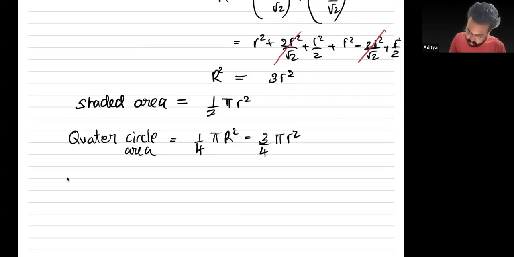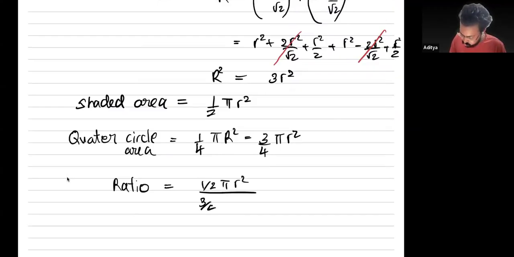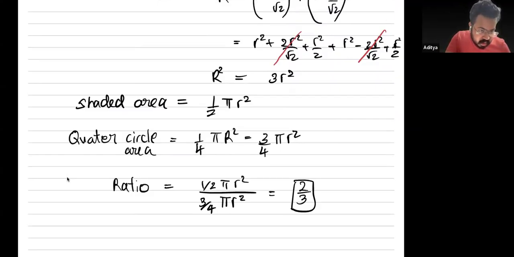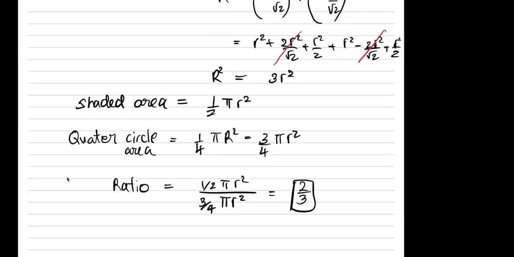And then if you just take the ratio of them, half pi r square divided by 3/4 of pi r square, you get 2/3. So the answer is actually 2/3. If someone had given 3/4 as the answer, I remember saying that that is correct. I might have remembered incorrectly. So the answer is 2/3.